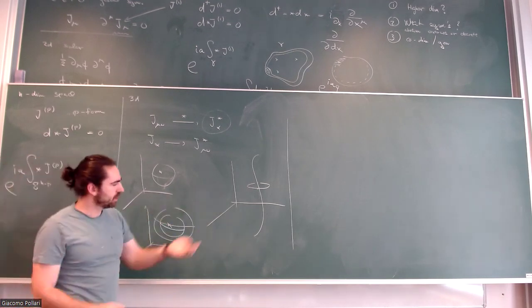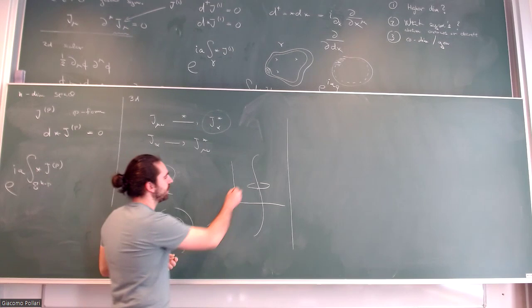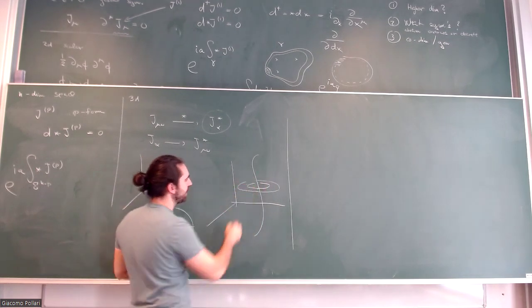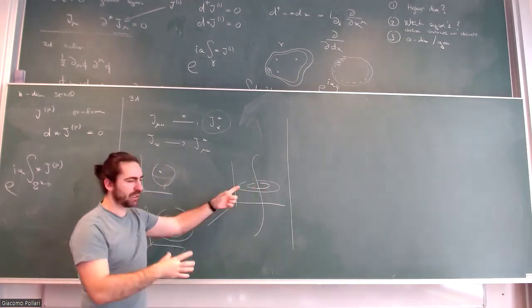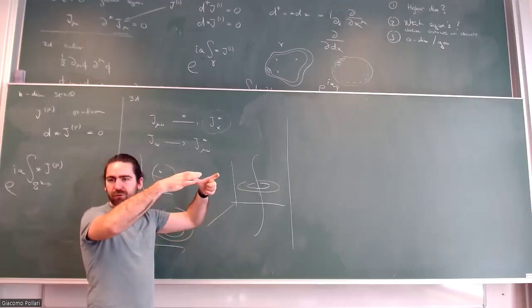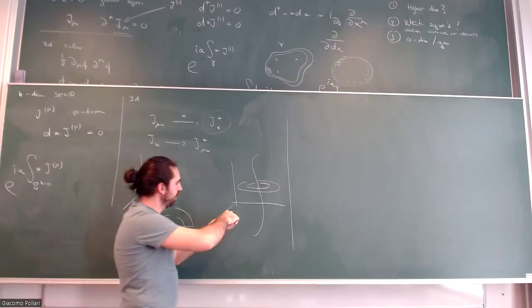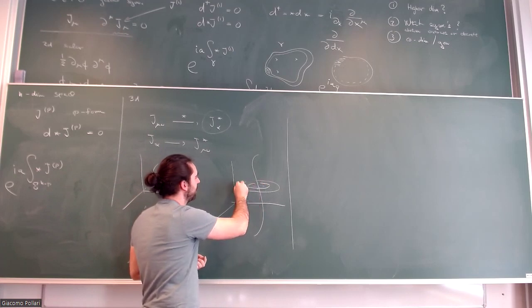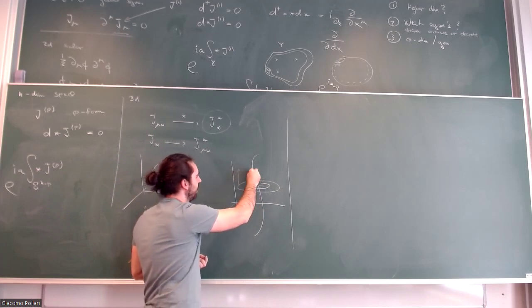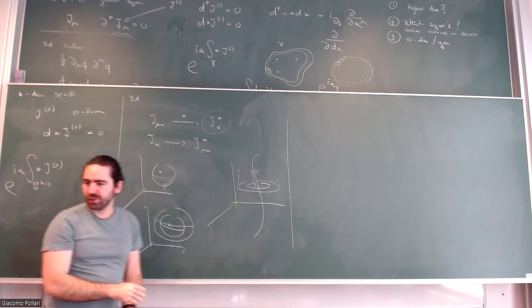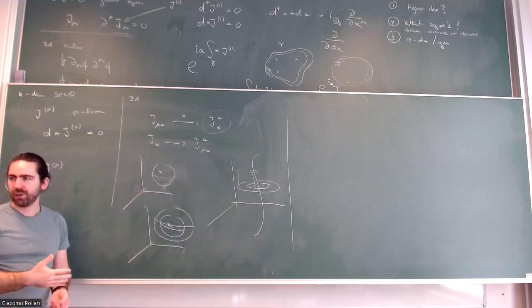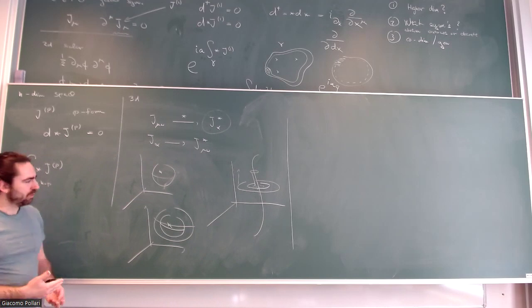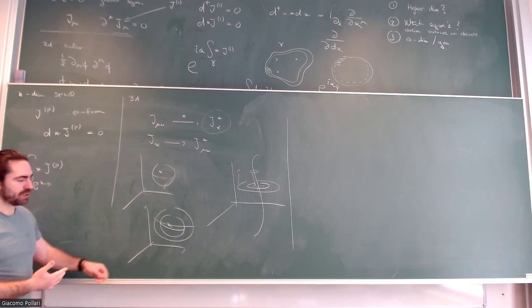But what about with the lines? I can apply one line and then the second line. But there's enough space for me to take this guy, pull it above, shrink it a little, and then kind of hide it inside the other one. So I pull this one up, I make it smaller and pull it down again. So there's no meaning of ordering, and therefore you cannot really have non-abelian higher symmetries.